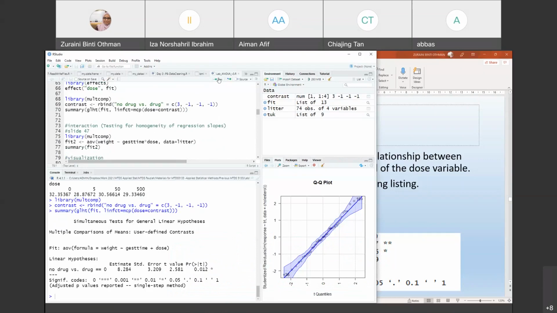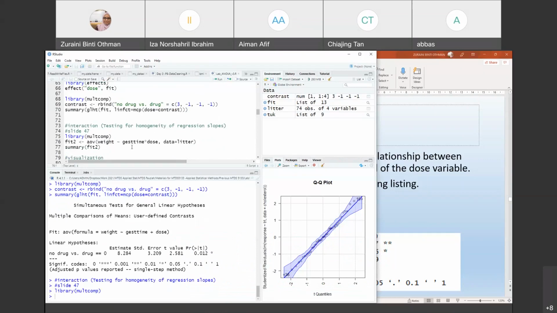So let us run it, and you can see the fit here, instead of using gestation time and dose separately, we want to know the relation between gestation time and dose.